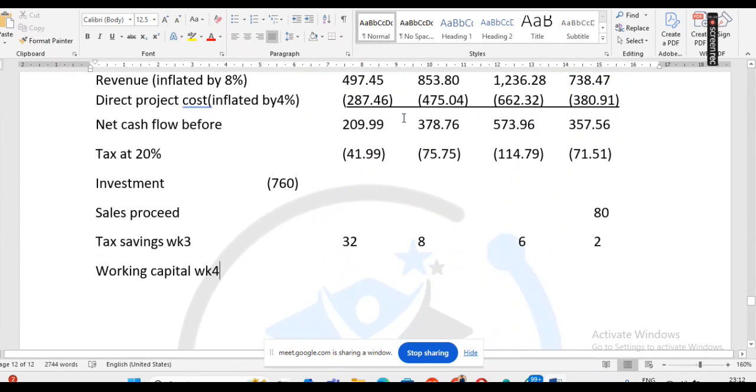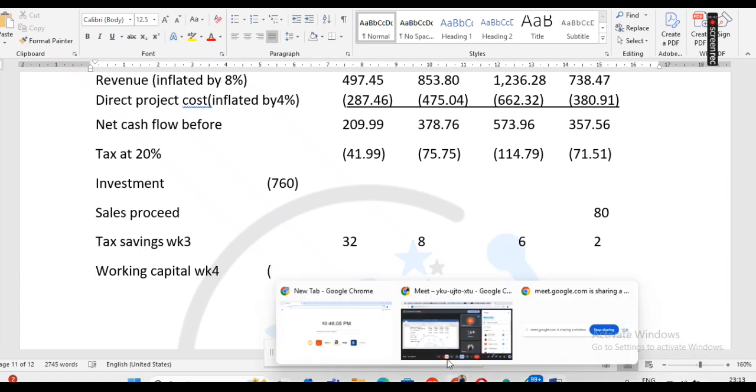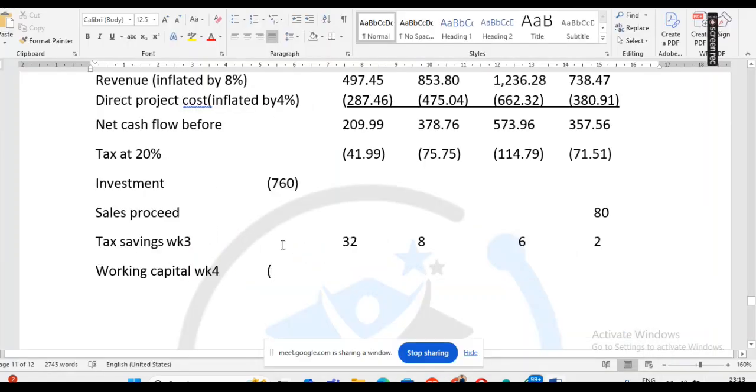So what is working capital in year 0? 99.49. Okay, next, what do you have? 71.27.